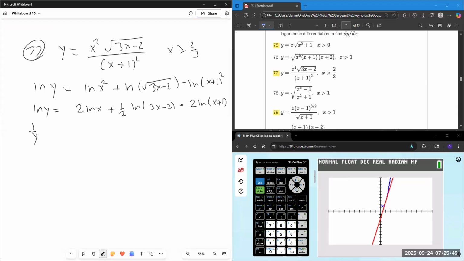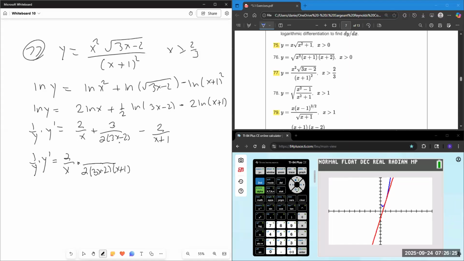So 1 over y times y prime is 2 over x plus 1 over 2 times 3x minus 2 times 3, minus 2 over x plus 1 times 1. Common denominator time: y times y prime, 2 over x times 2 times 3x minus 2 times x plus 1.